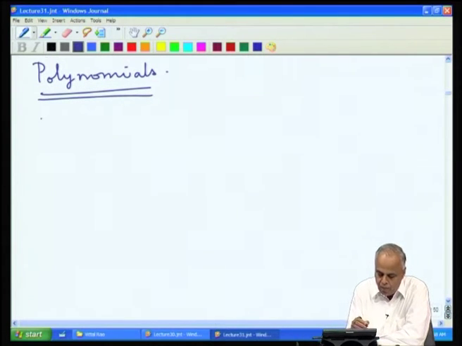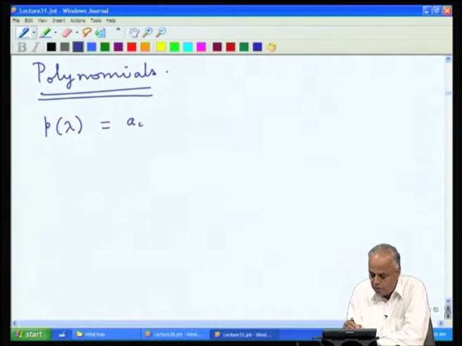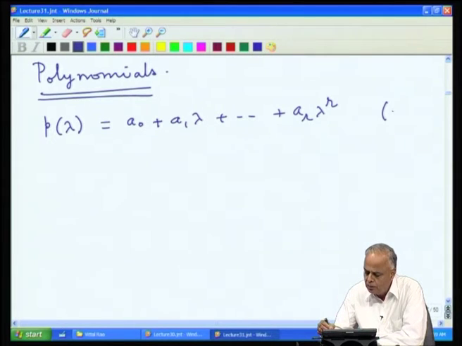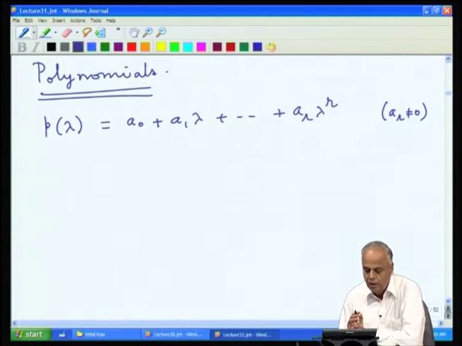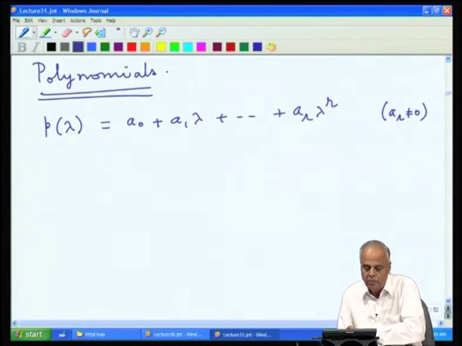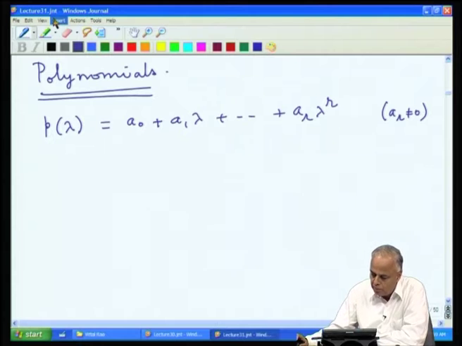So, we will now consider only polynomials over the complex numbers. We always look at a polynomial p lambda, which is of the form a naught plus a 1 lambda plus and so on up to a r lambda to the power of r. We will assume a r not equal to 0, so that the degree is r. If only the constant term is there and all other terms are missing, we will call it the constant polynomial.